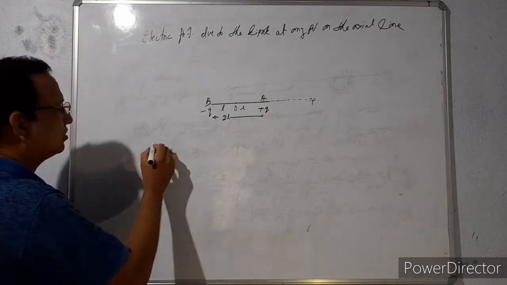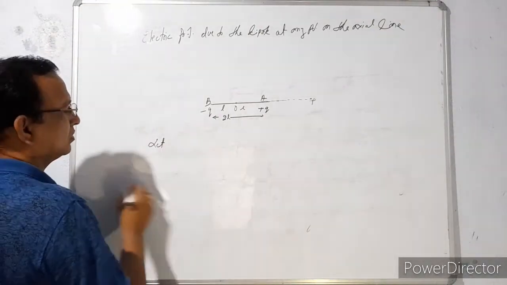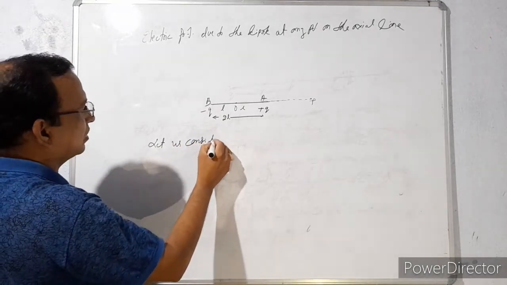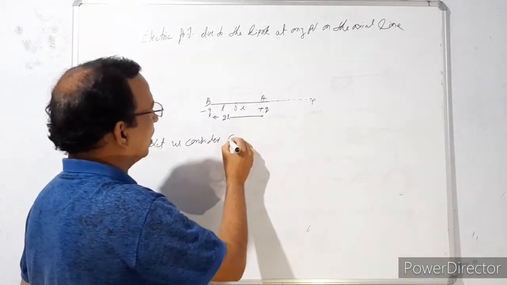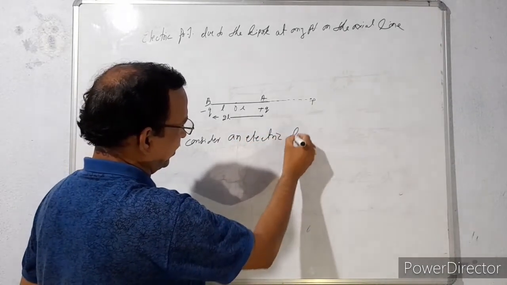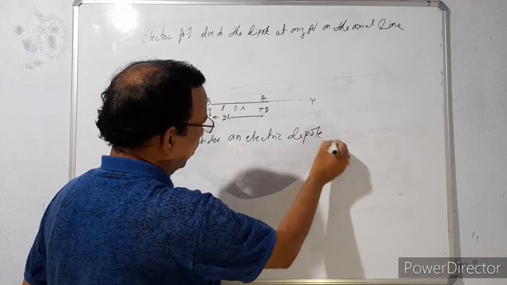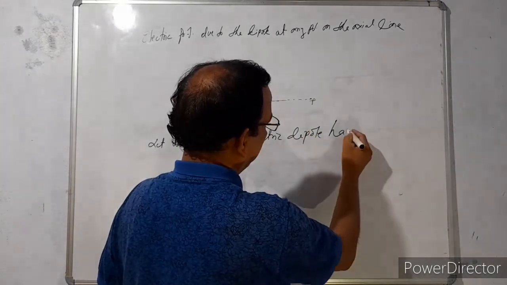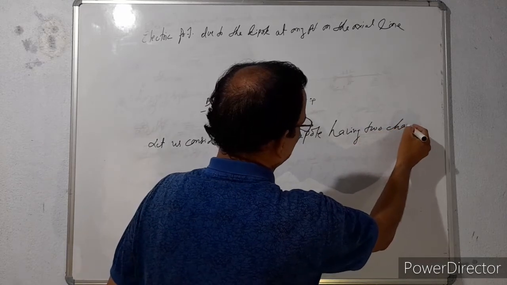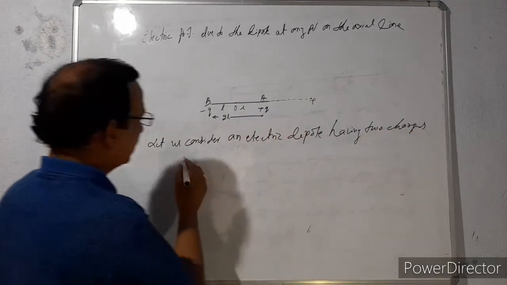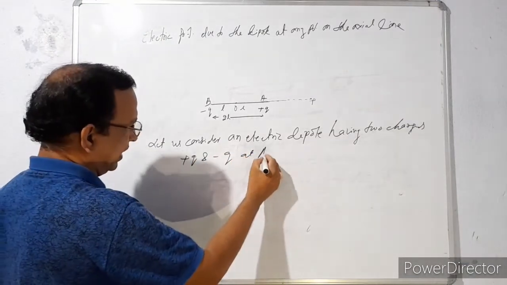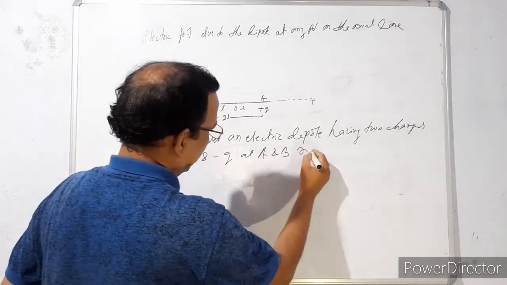So let us consider an electric dipole having two charges plus Q and minus Q at A and B respectively.